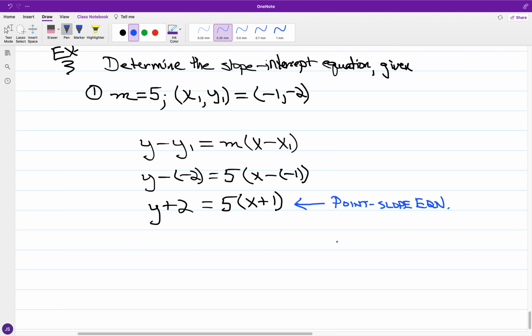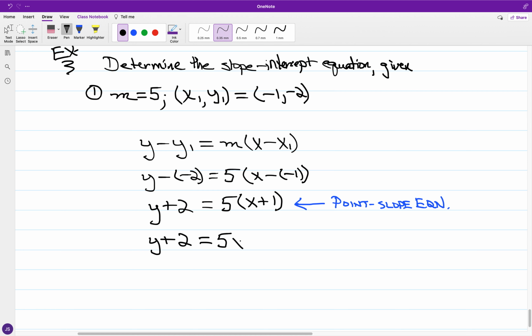The point-slope equation is essentially at the stage where y is not isolated, and also the x terms don't yet have the parentheses broken up. Now for the crossover to the slope-intercept equation, I'm going to distribute 5 over the quantity x plus 1.